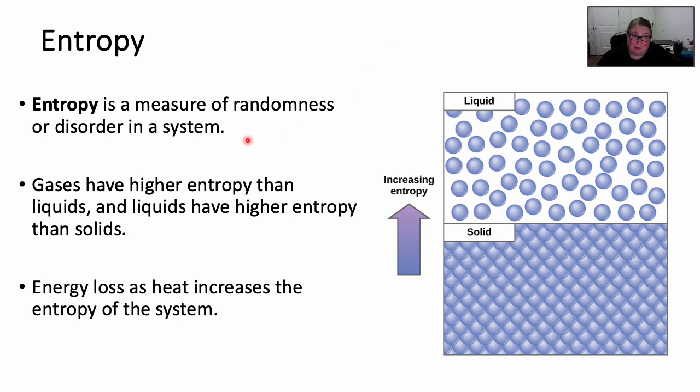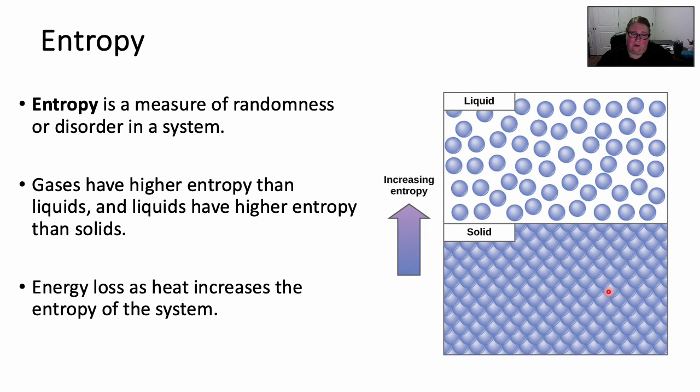Real quick, let me just remind you about entropy. It's the measure of randomness or disorder in a system. The more ordered something is, the less entropy it has. The more chaotic a system is, the more entropy it has. Of the different states of matter, solid has the least amount of entropy and gases have the most.